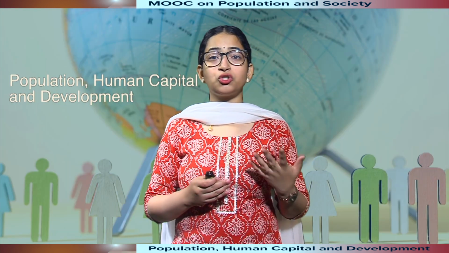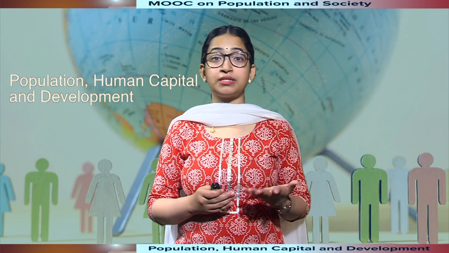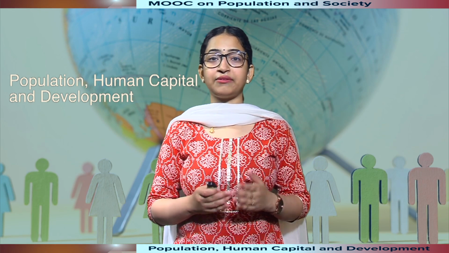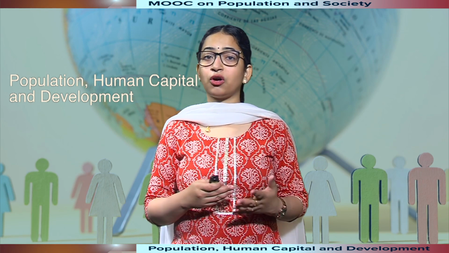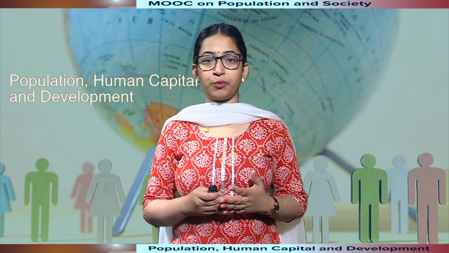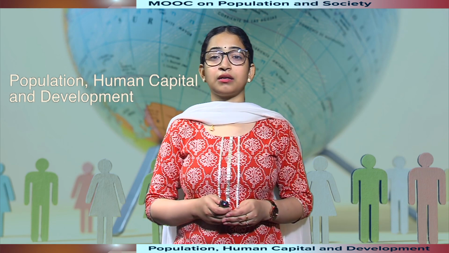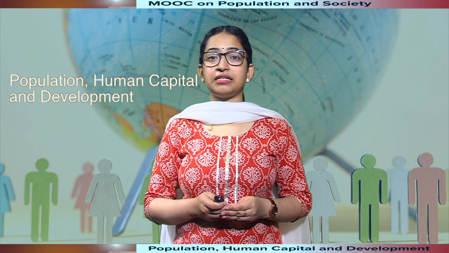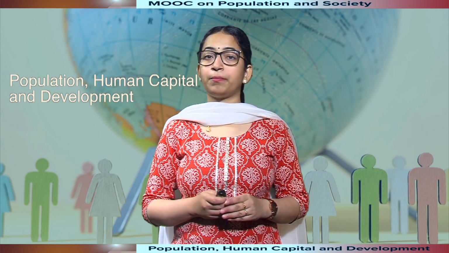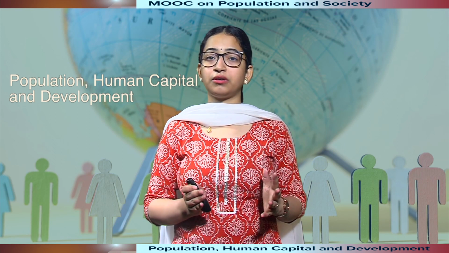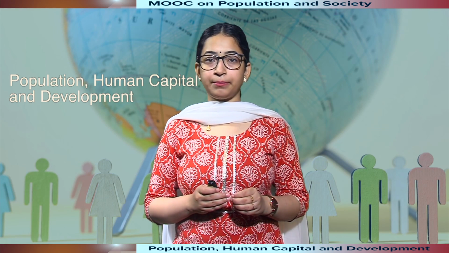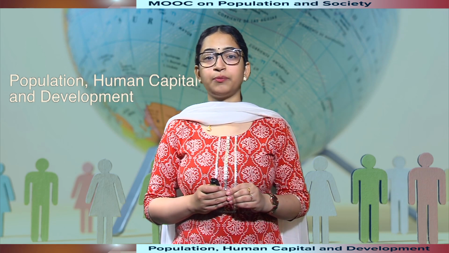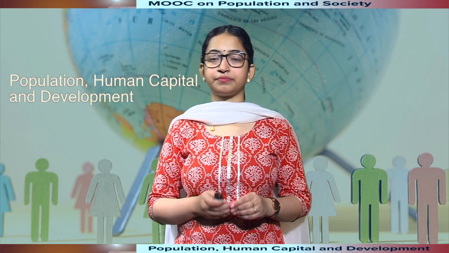Then it also slows down the growth of savings and capital investments, as well as the growth rate of the nation's gross national product. Since per capita income is used as an indicator for measuring the standard of living, an economy with low per capita income is likely to retard the process of development.